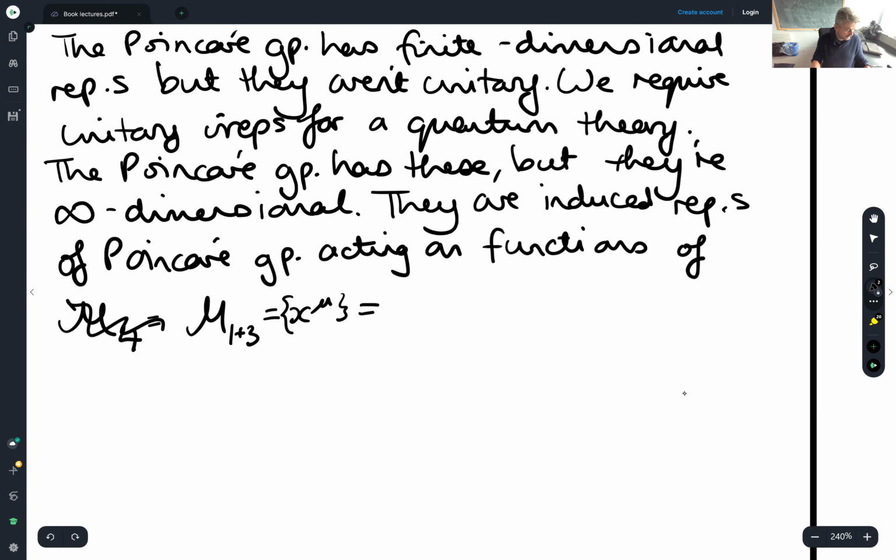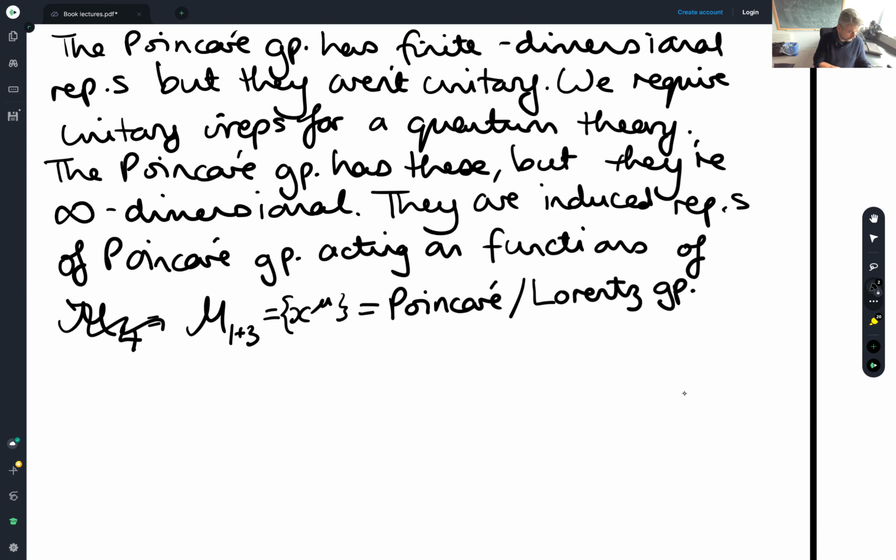And this Minkowski space manifold is defined to be the manifold of the Poincare group in a coset with the Lorentz group.